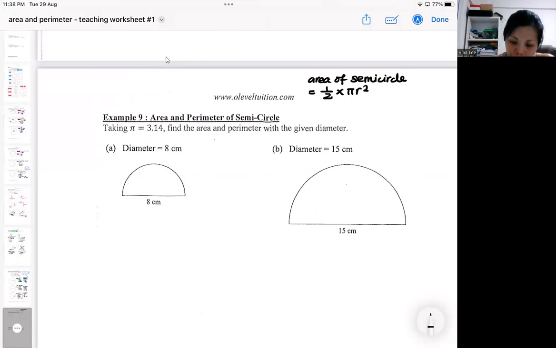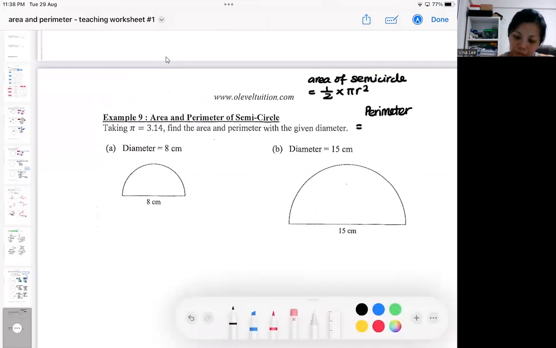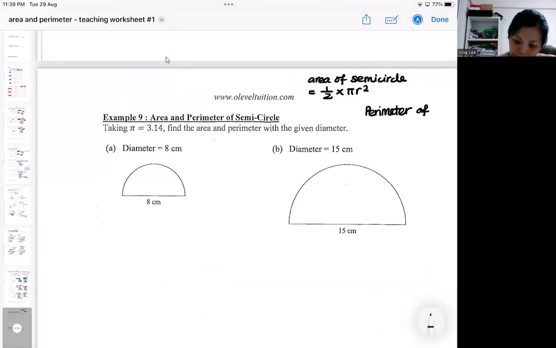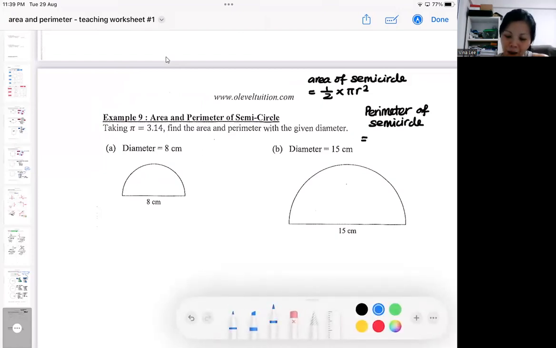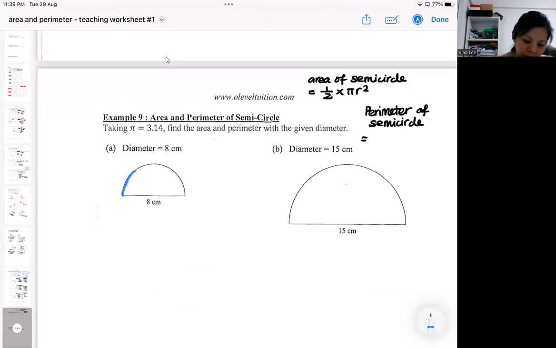But the perimeter of a semicircle will be a bit more tricky. Because when we say perimeter, we are doing the outline. So we have half the circumference to think about.